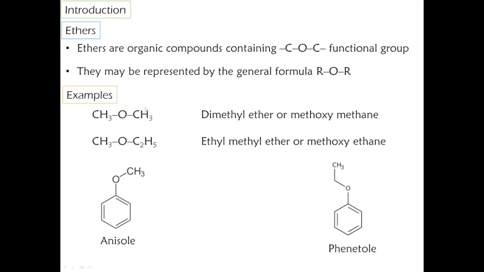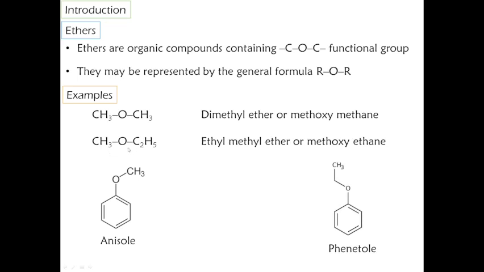Otherwise, this is known as methoxymethane. Here CH3O is the methoxy group, and what remains is the CH3 group, methane. So this is either dimethyl ether or we can call it methoxymethane.